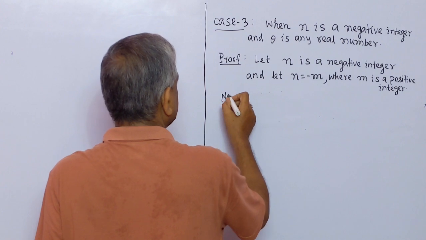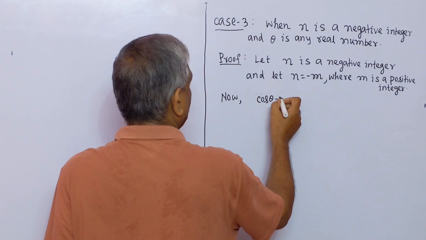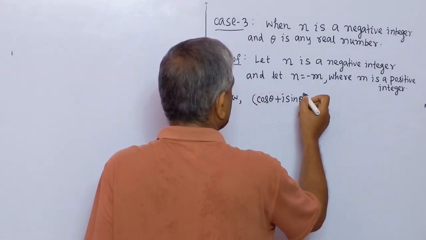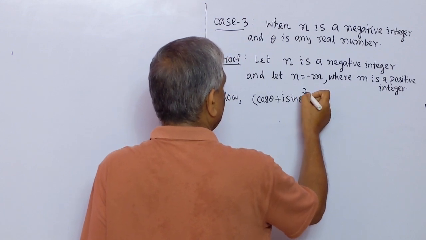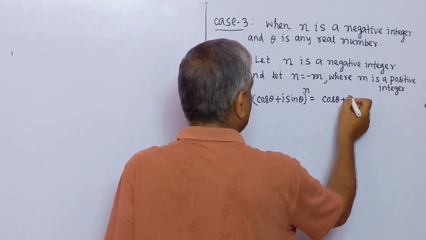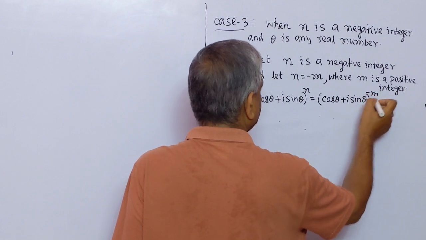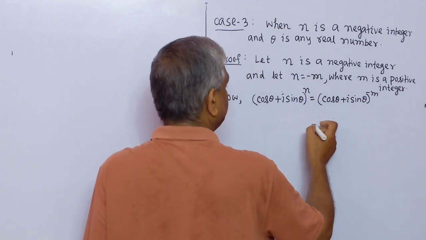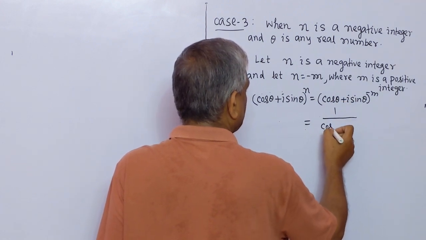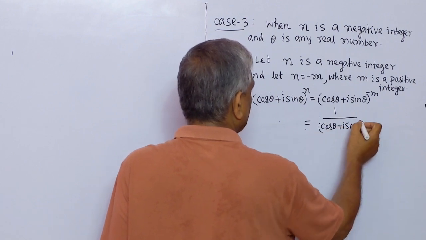Now, (cos theta plus i sin theta) whole to the power n equal to (cos theta plus i sin theta) whole to the power minus m. In place of n we write minus m, and this will be equal to 1 by (cos theta plus i sin theta) to the power m.